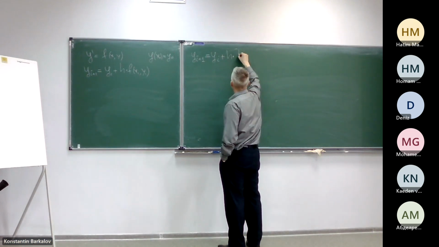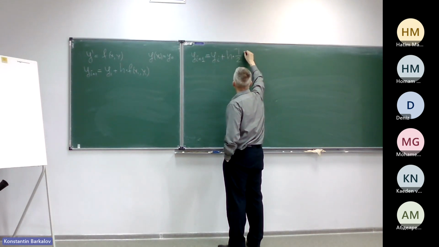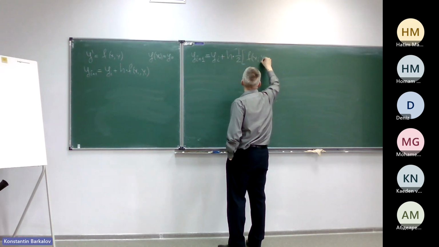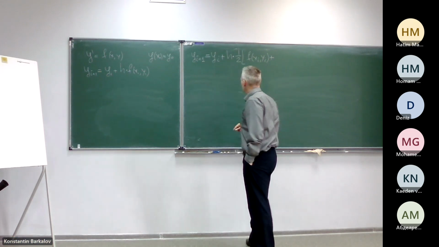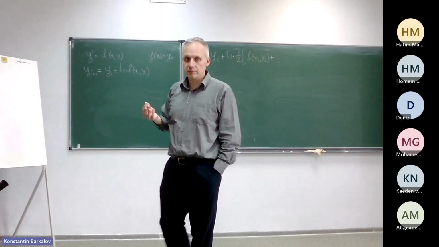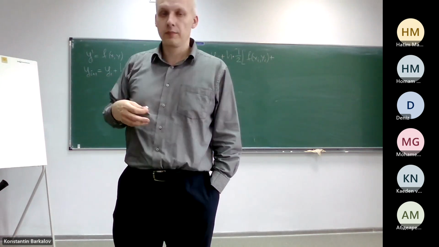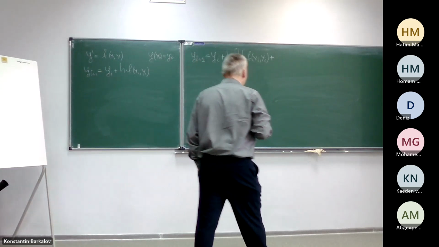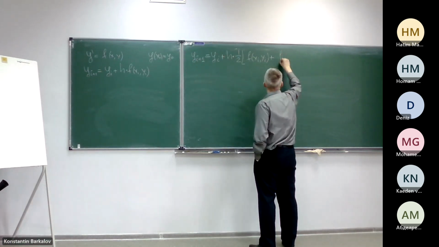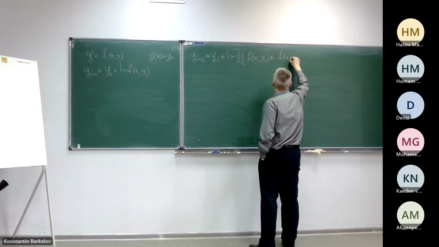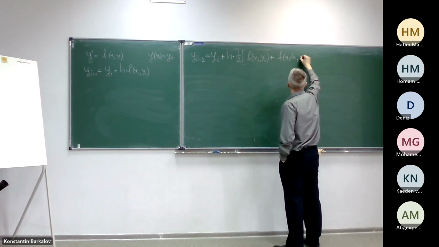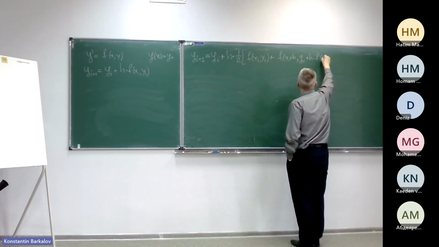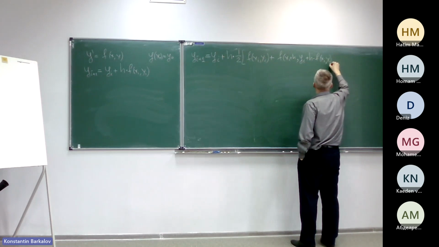But the next is 1/2 times f of xi yi plus f of xi plus h, yi plus h times f of xi yi.